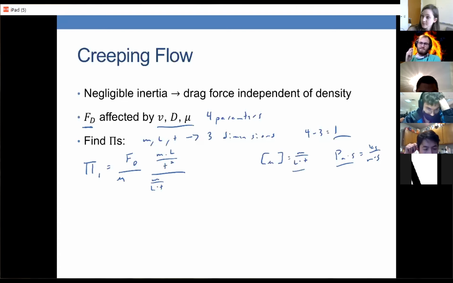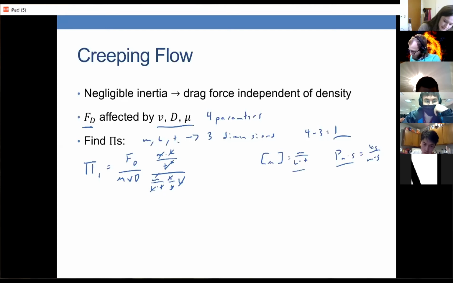You'll get 1 over time. So you want to multiply by just velocity. Yep. And then divide by diameter. Yep, because there will be 1. There you go.